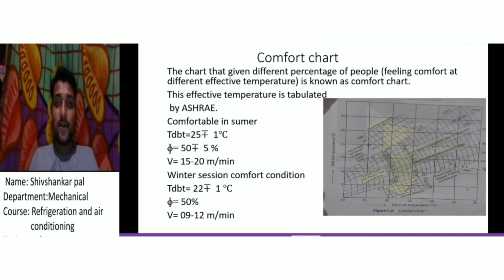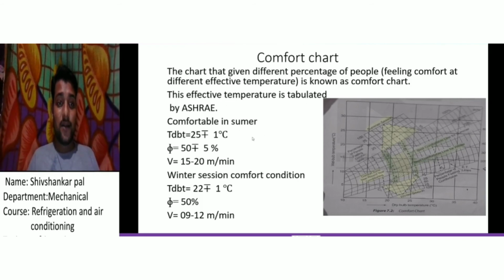In this chart they draw a portion where, at that temperature, relative humidity and velocity, all people feel comfortable. That chart is known as the comfort chart.